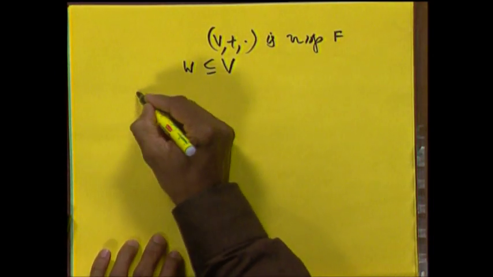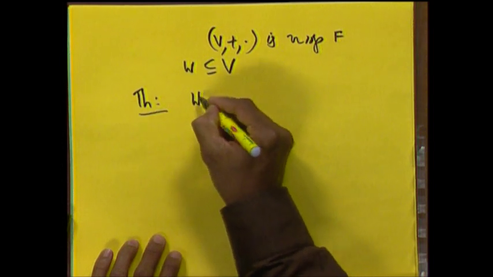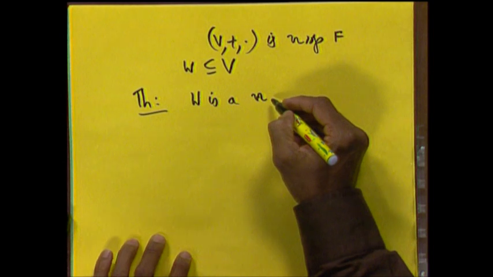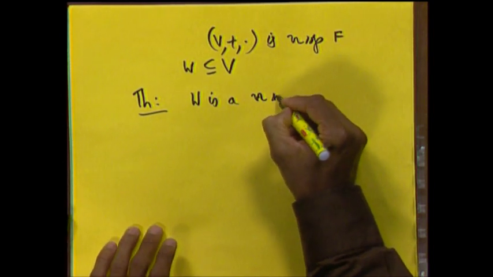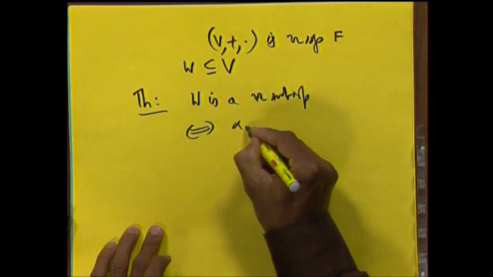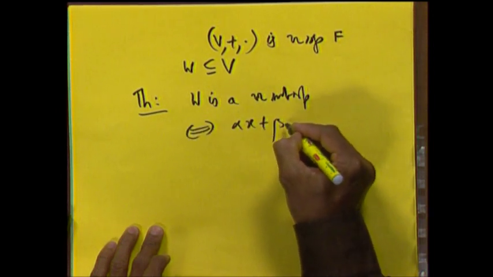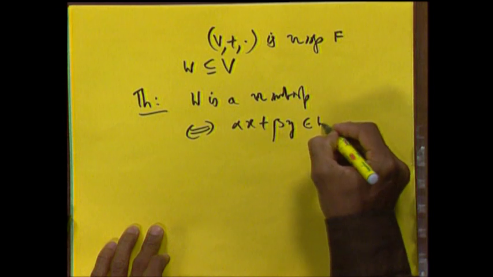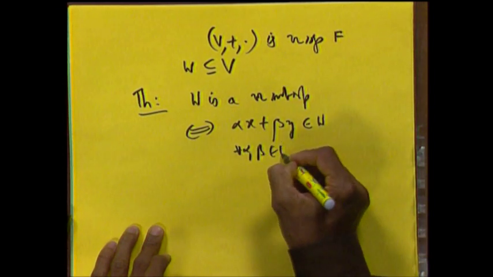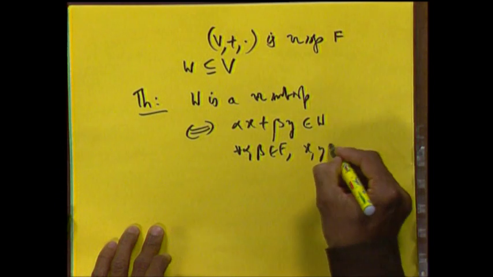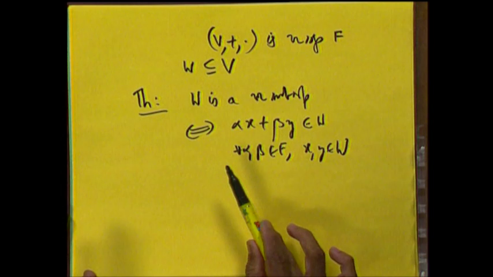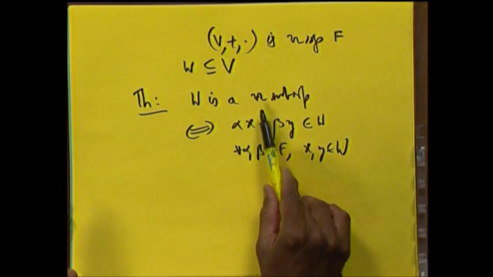We have the following theorem. W is a vector subspace or a linear subspace if and only if alpha x plus beta y belongs to W for all alpha, beta coming from F and x, y coming from W. This is a determining criterion for a vector subspace.